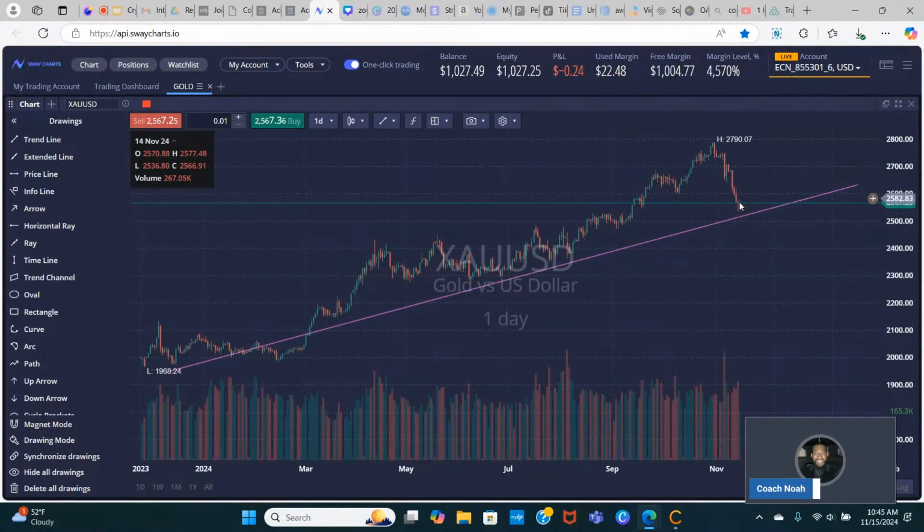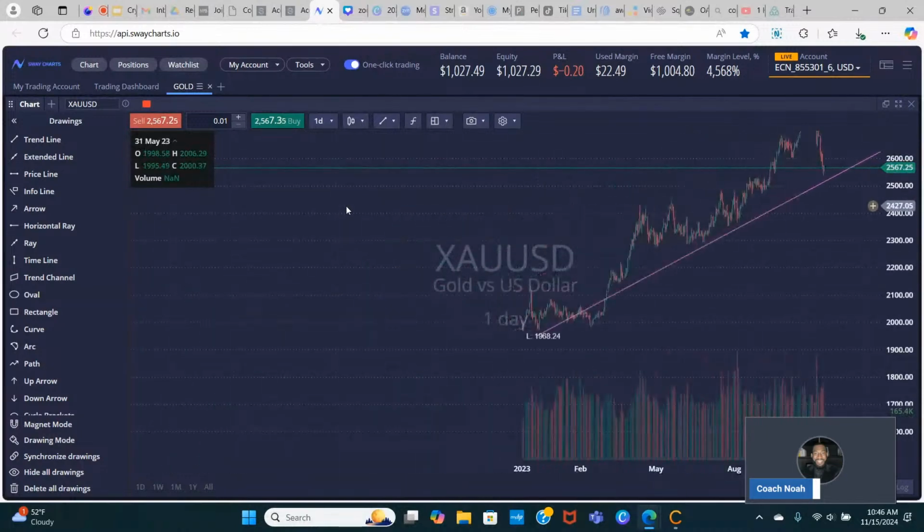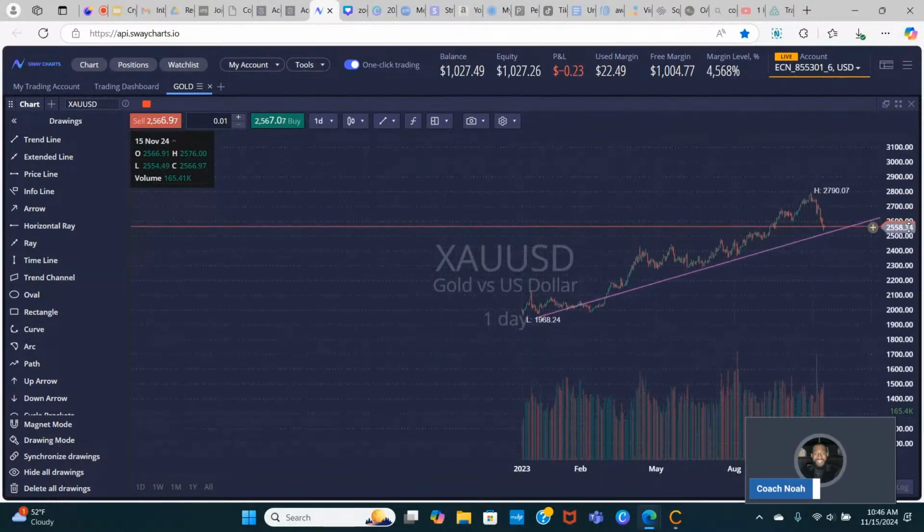Gold will not be in a downtrend until it breaks this trend line, retests, and then continues to come down. Once it comes past pretty much this point here, around this area, still considered we're in an uptrend. Okay, so it needs to come down past this area. I'd say for gold to be in a downtrend, it needs to break this trend line.